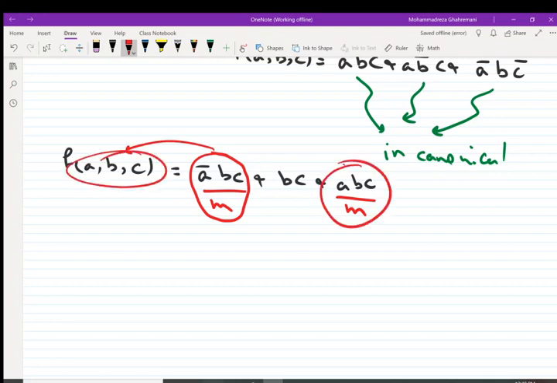The middle one has only b and c. It doesn't have a, so it's not a minterm.